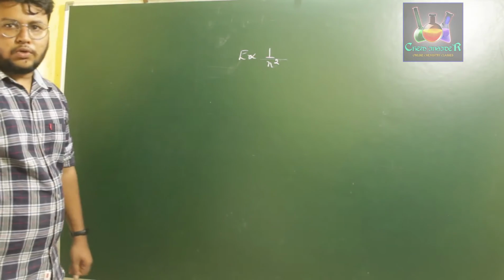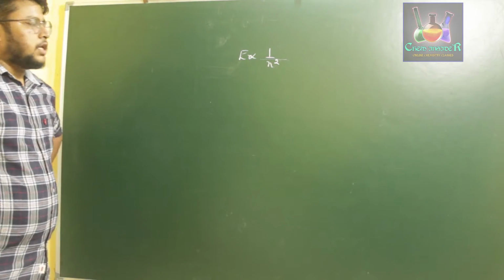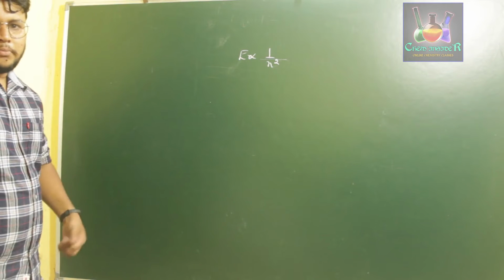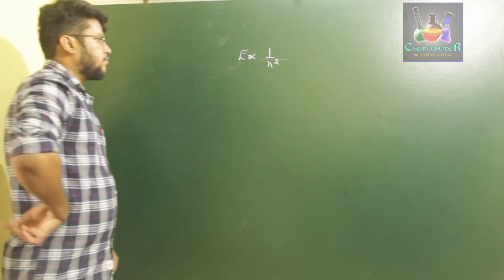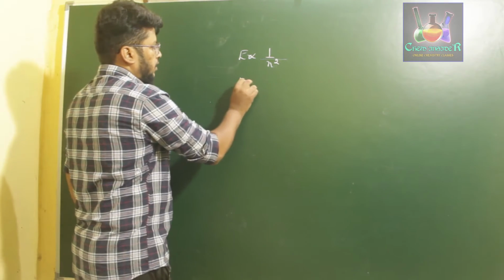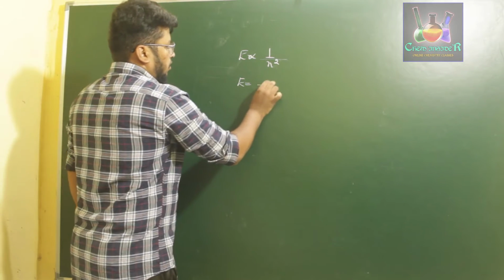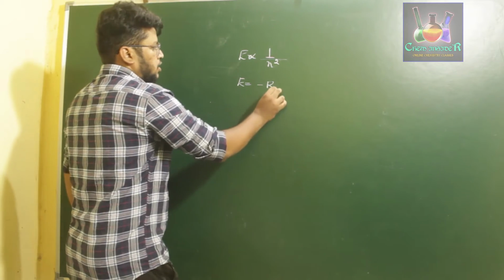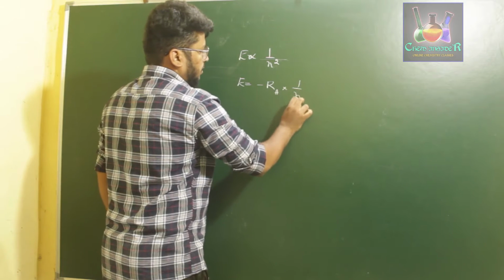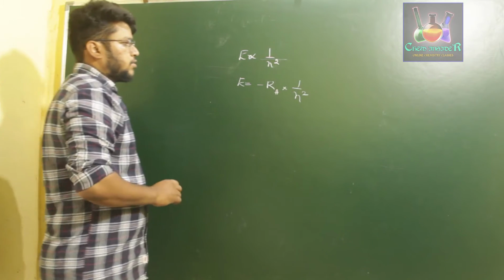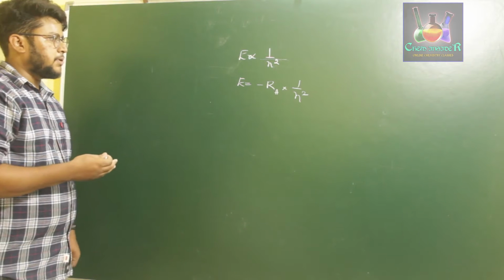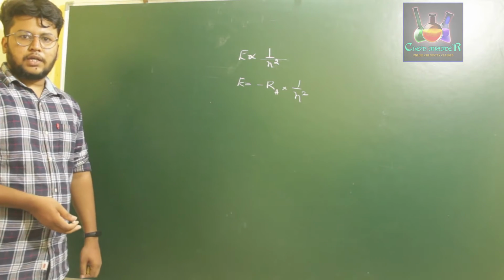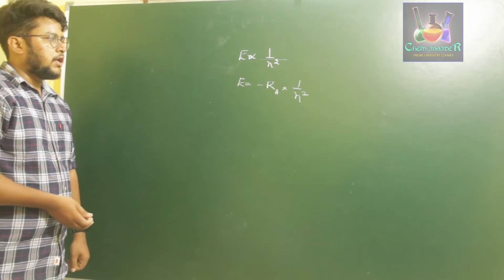That is, if the principal quantum number increases, energy will go on decreasing. And clearly it was a negative value. The equation was E equals minus RH into 1 by n square. So if the n value increases, energy will be more and more negative.